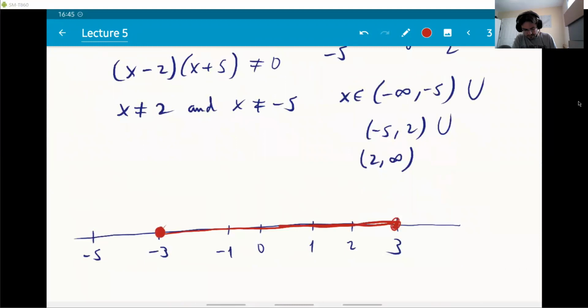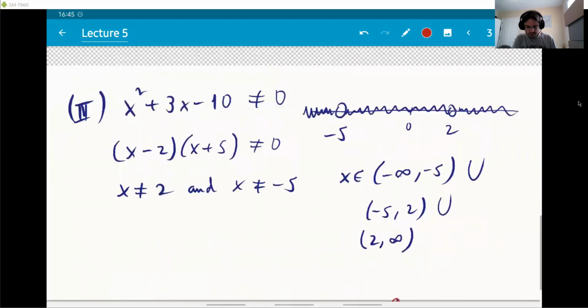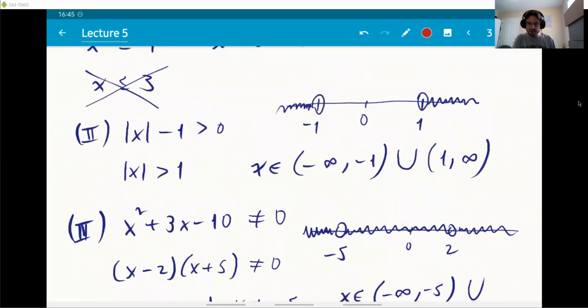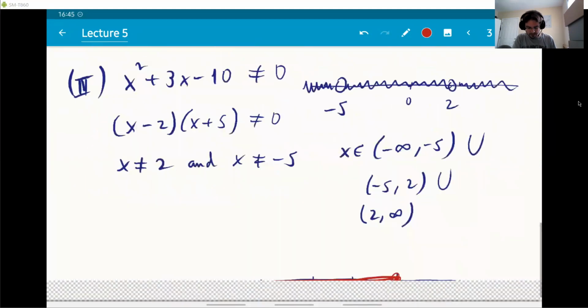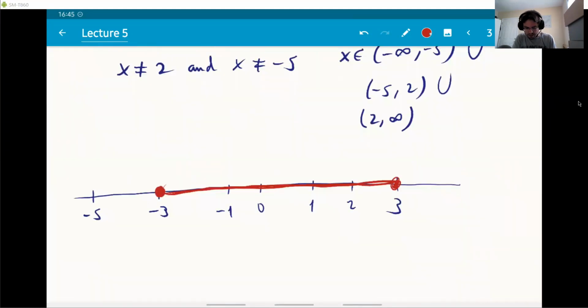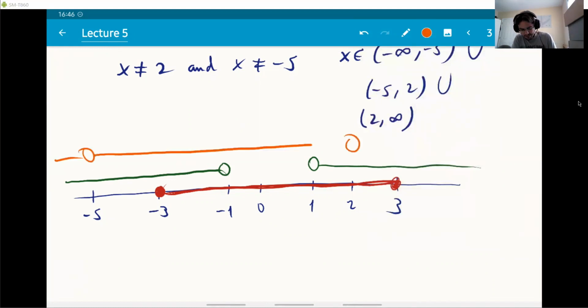The second condition was outside of this open interval from -1 to 1. So I guess it was like this, open at -1 and 1. And the third condition was everything that is not -5 or 2: no -5 and no 2, but everything else.